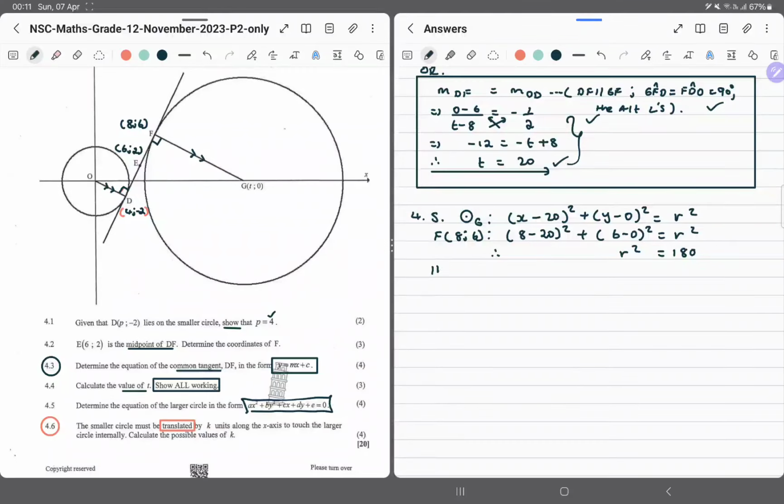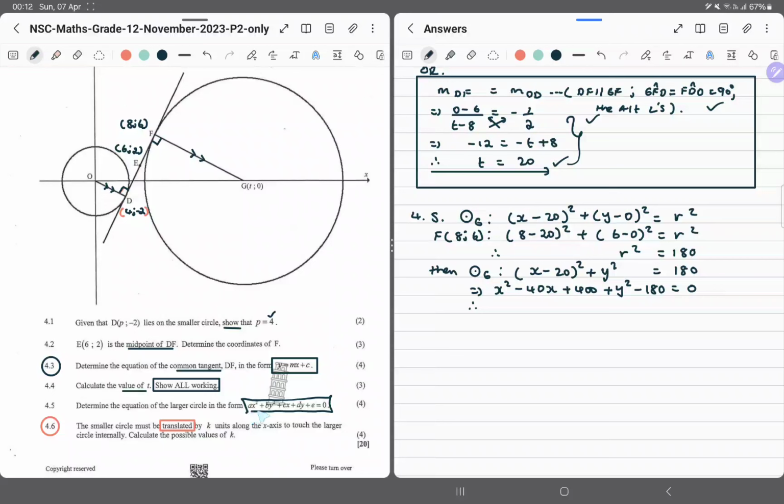Okay, we can say then circle with center G is going to be (x minus 20) all squared plus, now (y minus 0) is just y squared, is equal to 180. This implies we extend this, it's going to be x squared minus 40x plus 400 plus y squared minus 180 equal to 0.